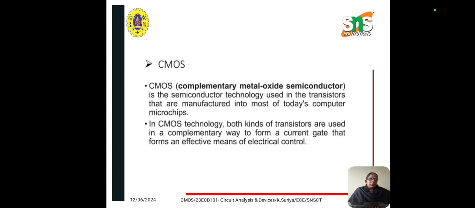CMOS, complementary metal oxide semiconductor, is a semiconductor technology used in the transistors that are manufactured into most of today's computer microchips. In CMOS technology, both kinds of transistors are used in a complementary way to form a current gate that forms an effective means of electrical control.